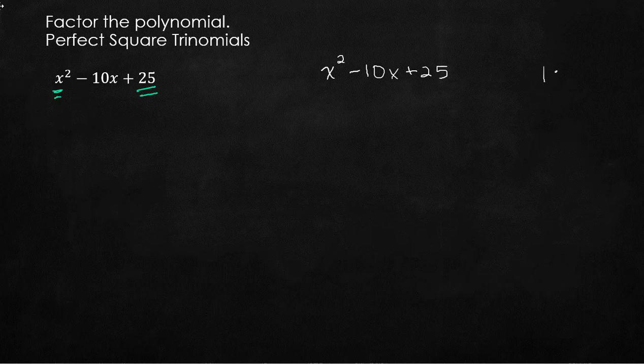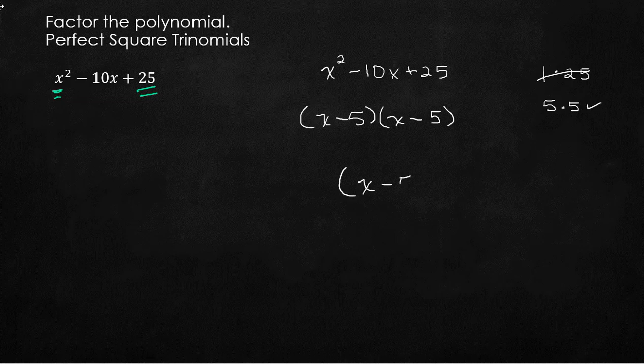Well, our factors of 25 are 1 and 25, and then 5 times 5. So it can't be 1 and 25, it's got to be 5 and 5. This tells us the signs in here are going to be the same. This tells us that they're both subtraction signs. Since you have the same thing in both of them, to put it in simplest form, you have x minus 5 squared.